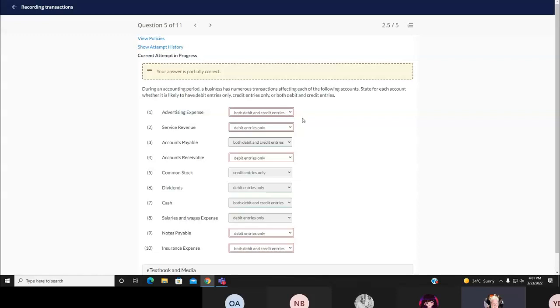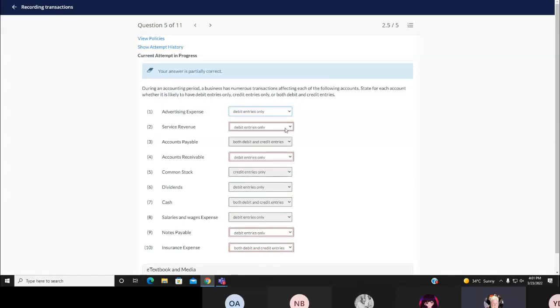You got a lot. Now look, expenses, you only debit. Okay. Revenue, you only credit. There's never a decrease in revenue. There's never a decrease in expenses. Accounts receivable, a debit will increase it and a credit will decrease it.